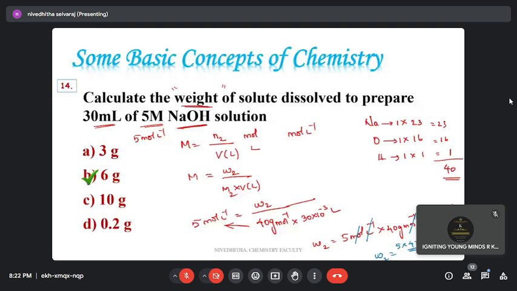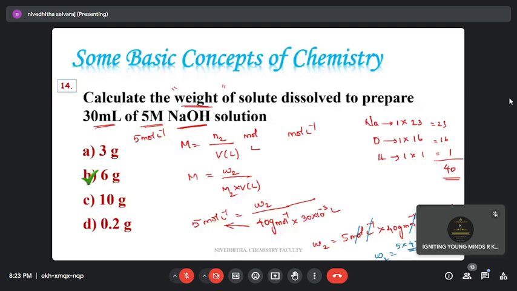25.3 gram of sodium carbonate, whose formula is Na2CO3, is dissolved in enough water to make 250 ml of solution. If sodium carbonate dissolves completely, the molar concentrations of sodium ion, Na plus, and carbonate ion, CO3 2 minus, are respectively... See, there is a salt called sodium carbonate. 25.3 gram of sodium carbonate was taken, and they are dissolving it in water and preparing a solution of 250 ml.